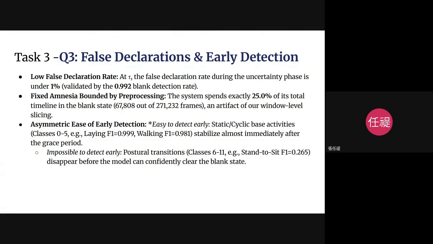Furthermore, early detection is highly asymmetric. Cyclic or static activities like walking or laying down are incredibly easy to detect right after the grace period, hitting F1 scores near 1.0. However, transient activities like sitting to standing are impossible to catch early because they finish before the model even exits its blank state. Okay, next page.